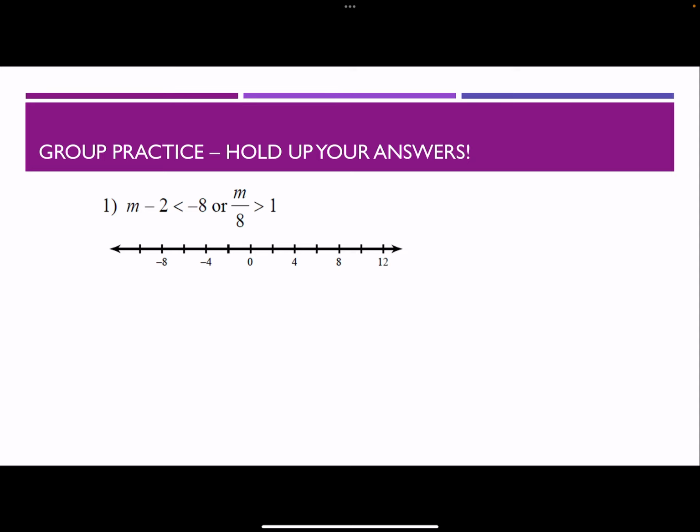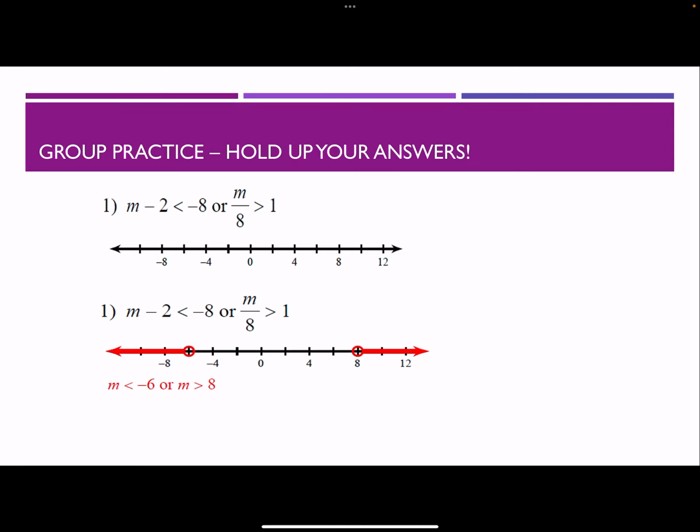So try and solve this, and pause the video now while you're solving it, and then when you unpause, I'll show you the solution. All right, so there's the solution. Down here in red is your answer algebraically, and then your graph should look like that.